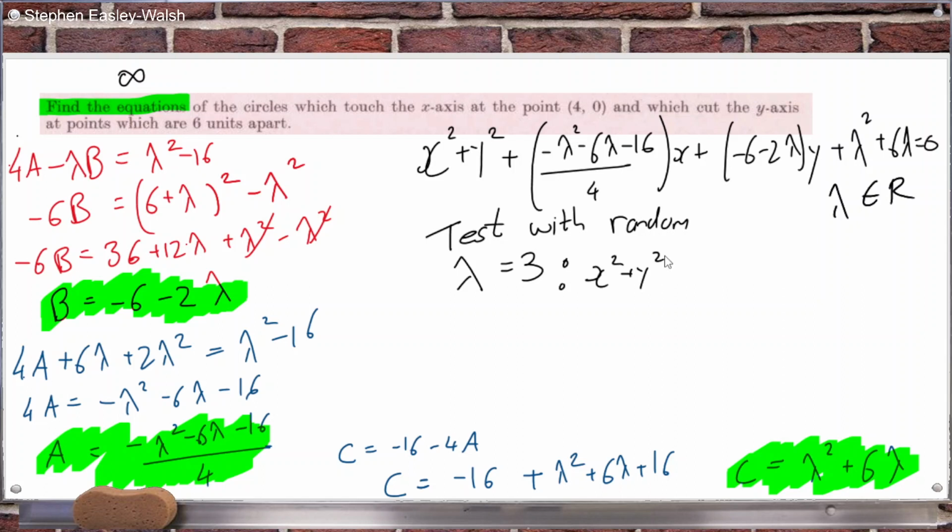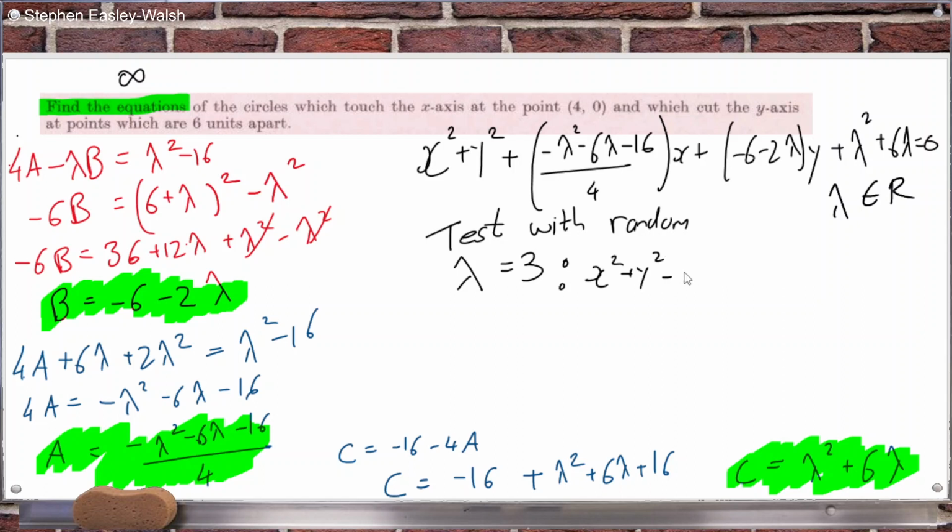That might be better. Let's see if that's even possible. No, I'll just stick with 3. It's not really random if I change it afterwards. Okay, so I'm sticking with 3. So minus lambda squared, divided by 4.